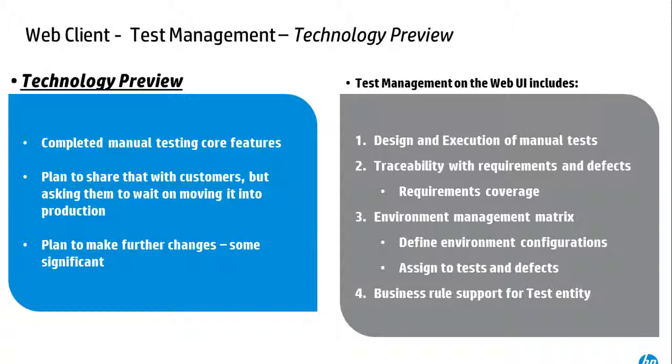Some are going to be very familiar, like building out manual tests. Obviously, we've already seen the traceability view and the fact that you've got test coverage there. One of the new pieces is around environments. We wanted to provide you with the ability to enter all the different components that your applications under test are configured with.